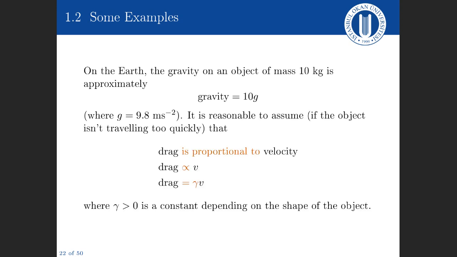It's reasonable to assume, as long as the object isn't traveling too quickly, that drag is proportional to velocity. We have a symbol for "is proportional to", it's this symbol here. What this means is that drag is equal to some constant multiplied by velocity, where our constant gamma is a positive number which depends on the shape of the object.